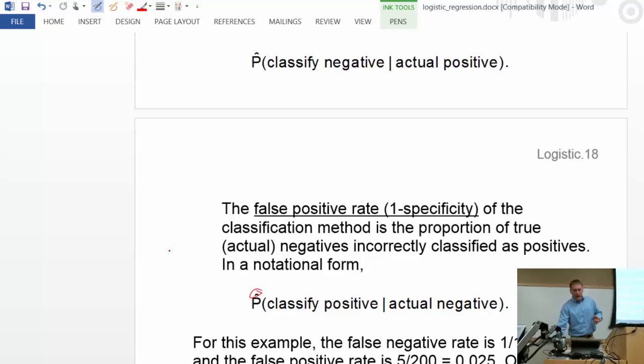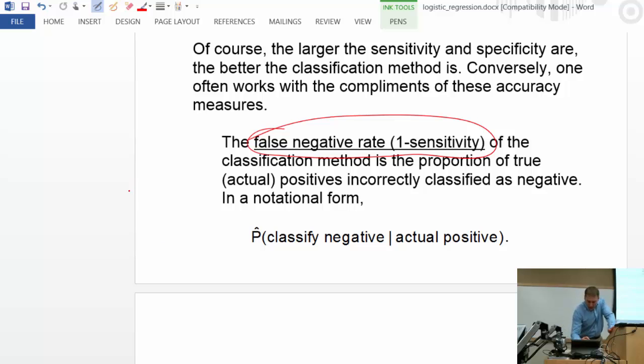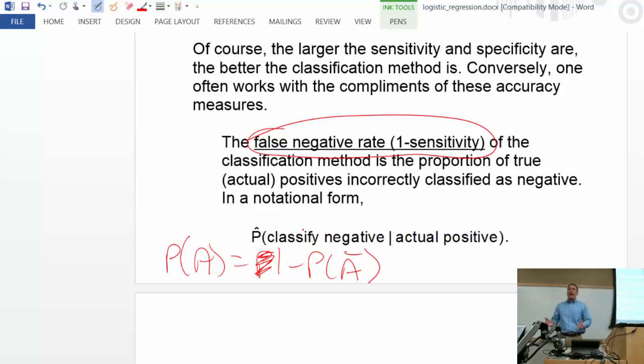So again, remember from your first stat course, when you talked about conditional probabilities, or let's actually do it this way, just to make sure this is clear. You talked about complements in your very first stat course. Let's say you have an event A, then the probability of A is equal to 1 minus the probability of A complement, or A bar.